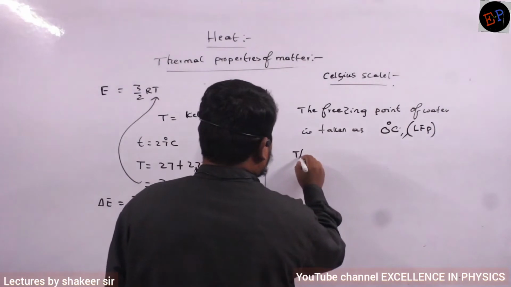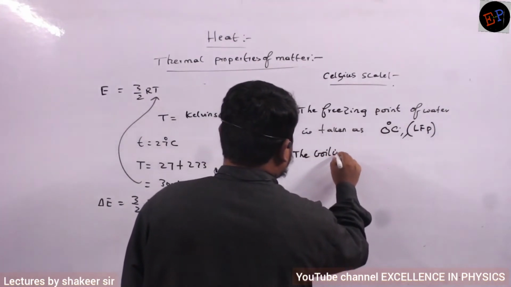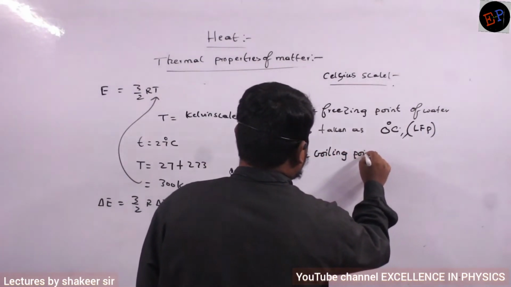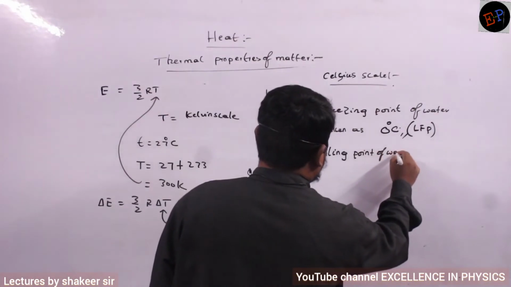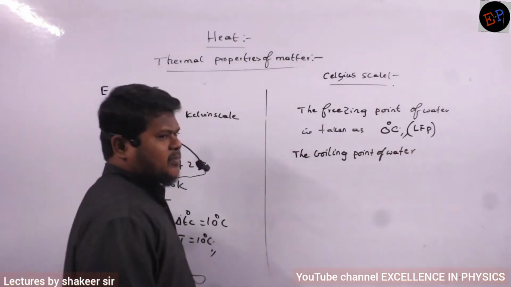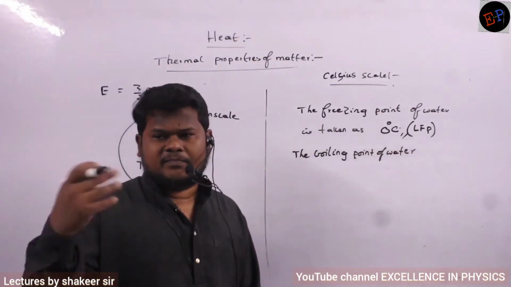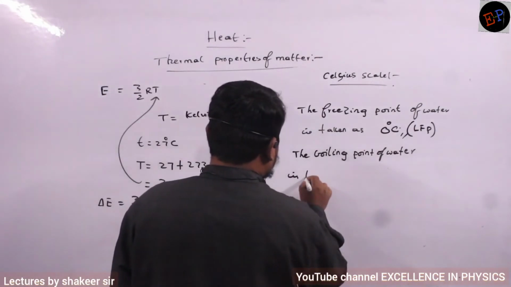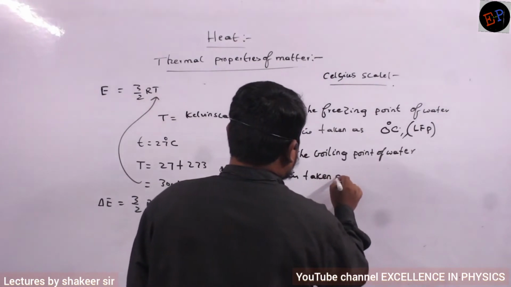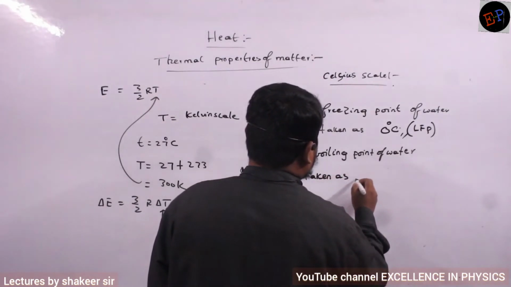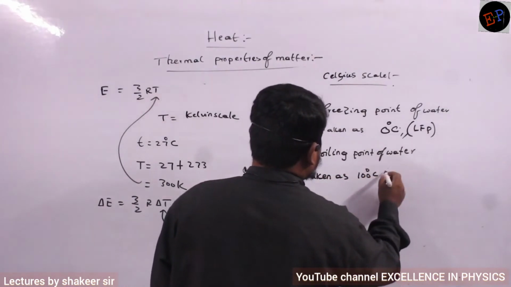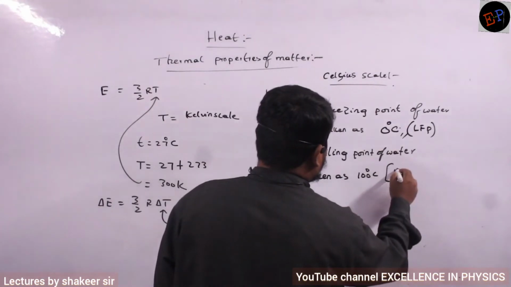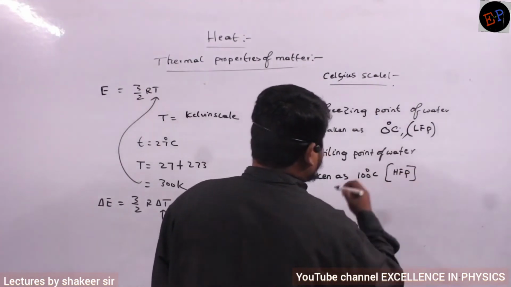And the boiling point of water. What is meant by boiling point? The temperature at which water converts into steam. That is called boiling point. No? That boiling point of water is taken as 100 degrees Celsius. This you can call the higher fixed point.